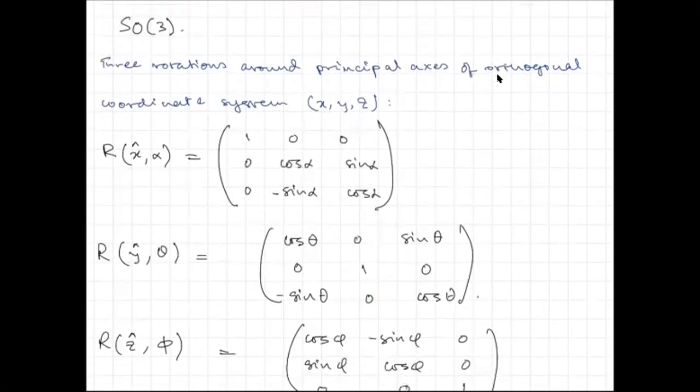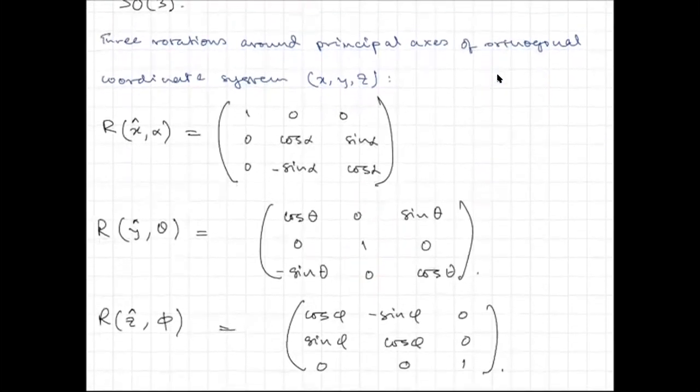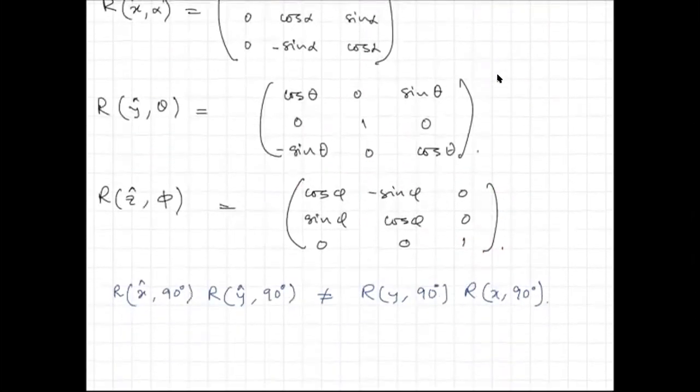Similarly, you can have another around the z-axis, right? So this is going to be given by R of z phi. This is going to be something like this. Now you are rotating around the z-axis, so keep this the same.